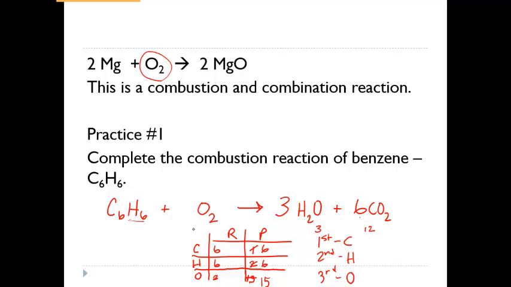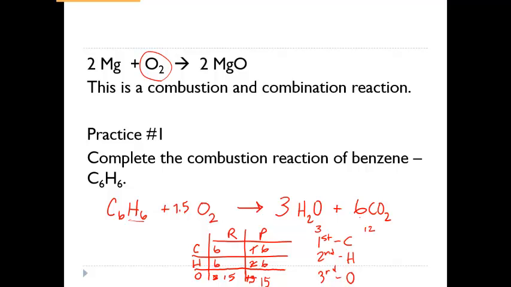There is no whole number that you can put in front of oxygen that's going to give you 15. And so I want to suggest temporarily that we go with 7.5. Now we're not going to be able to leave it as 7.5, but temporarily we want to at least get to the 15 oxygens there.